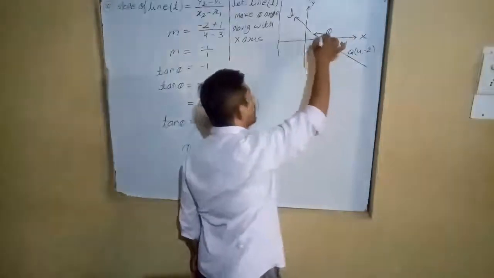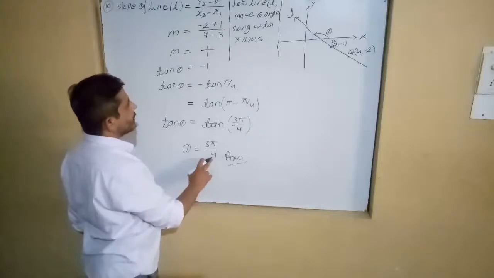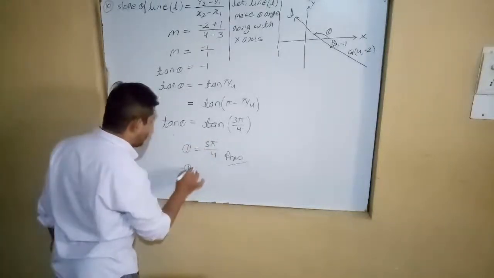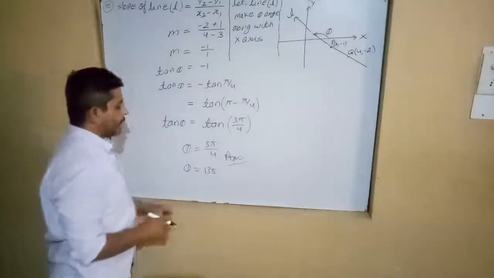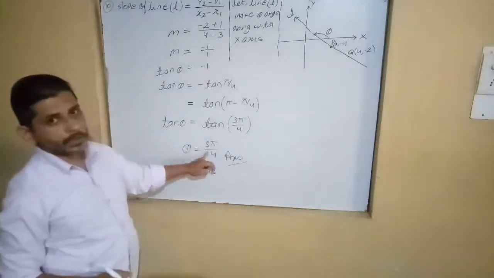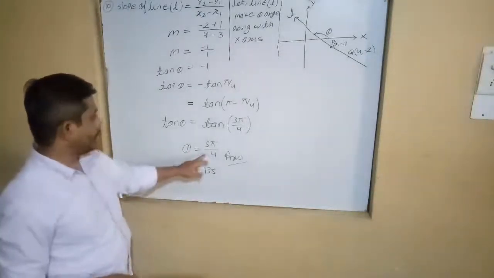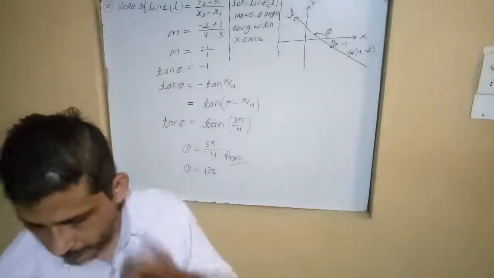So this is our theta and it is equal to 3 pi by 4, which means 135 degree. We can write theta is equal to 135 degree also. This is also right; this is our radian form and this is degree form. Okay. So this is our question number 10.